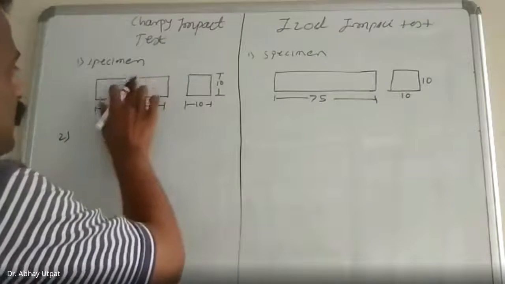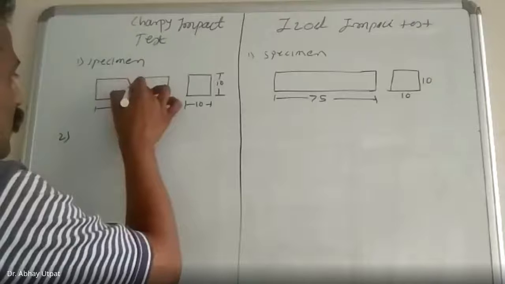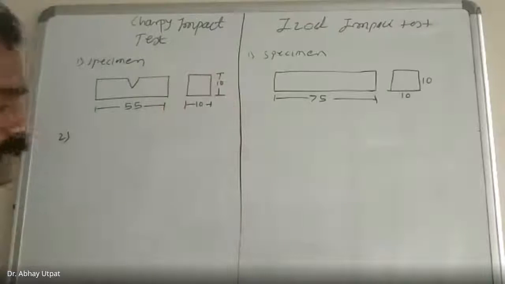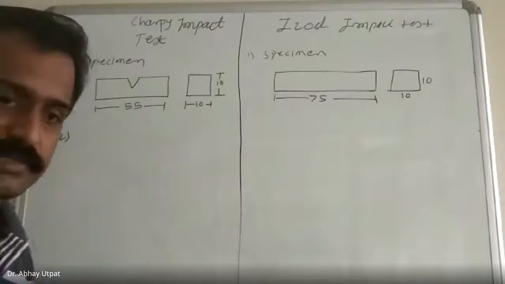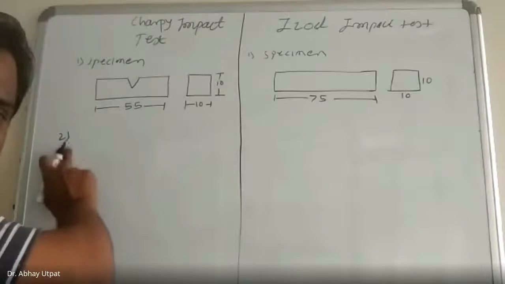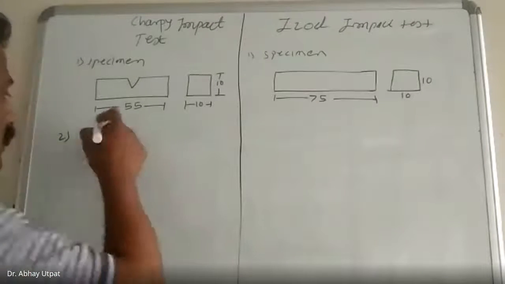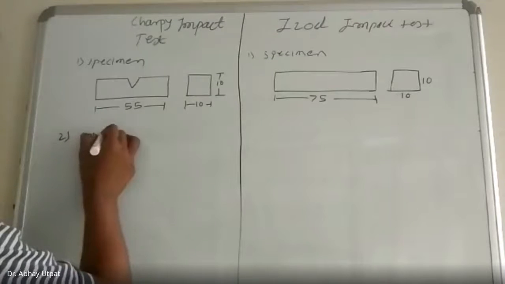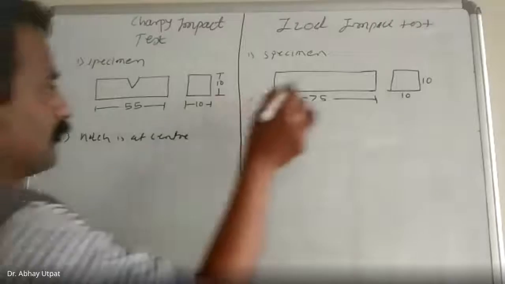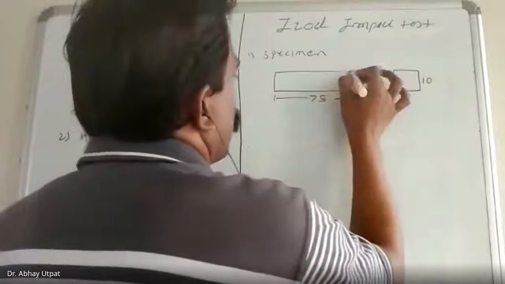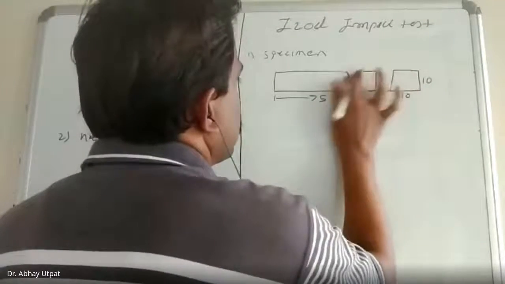You have to modify the figure like that. Draw the notch. That is a point of difference, which is why I am asking you to write the second point. Notch is at center. And here, notch is away from center.